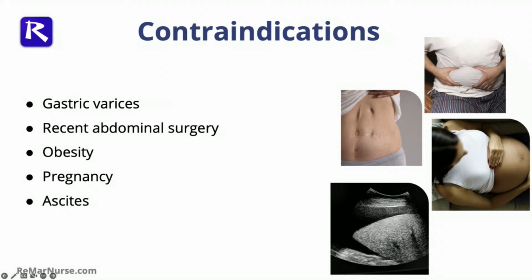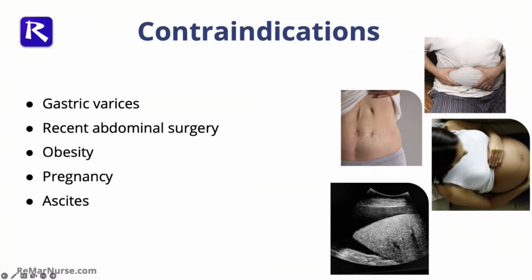And so, although gastrostomy tubes can be placed in patients with ascites, that patient needs to have a what? What is that procedure that will reduce the amount of fluid in the abdominal cavity?